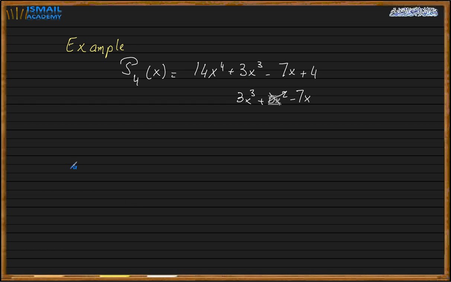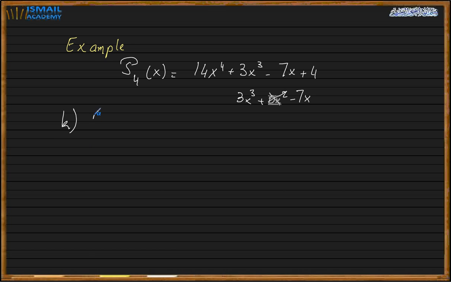So the next property is about homogeneous. A polynomial is called homogeneous if all its terms, if the degree of its terms are equal to each other.